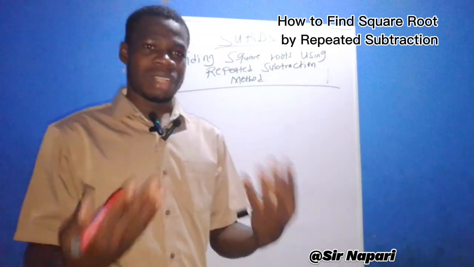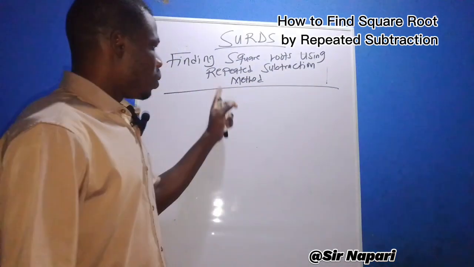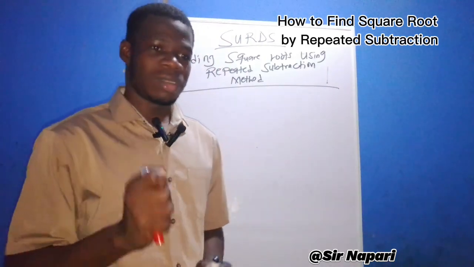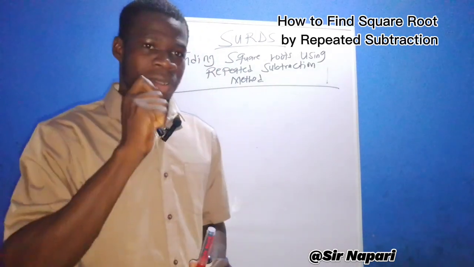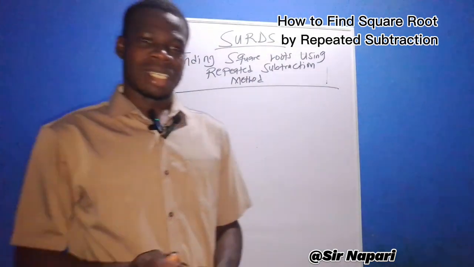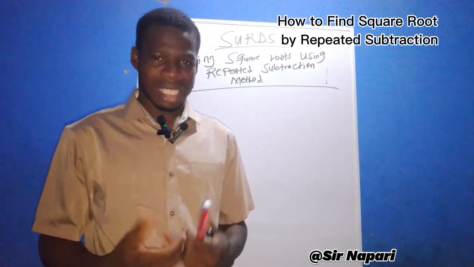What does it mean when we say repeated subtraction? In using this method, we'll first have to recall what our odd numbers are. What are odd numbers? Can you remember?